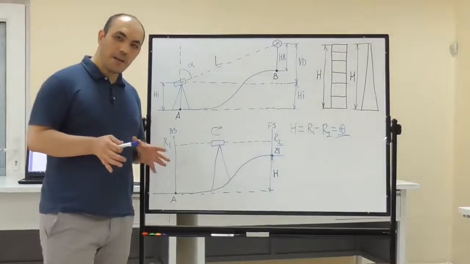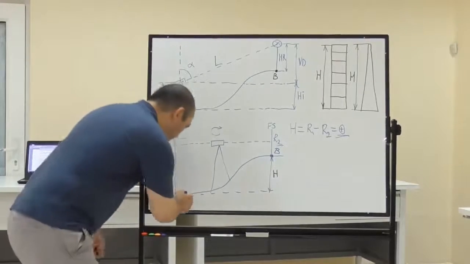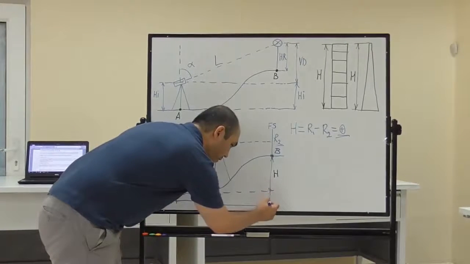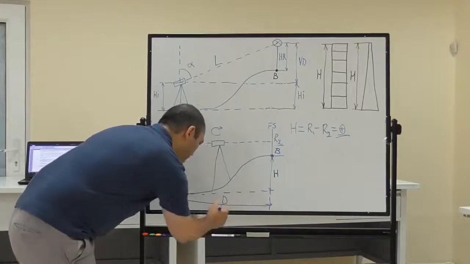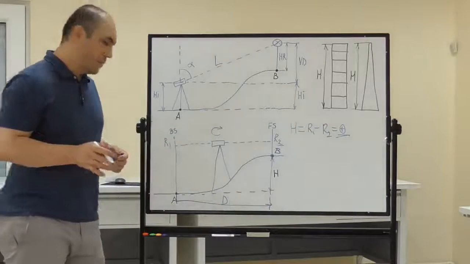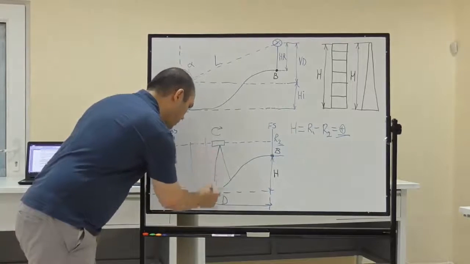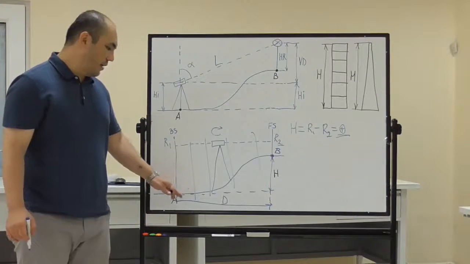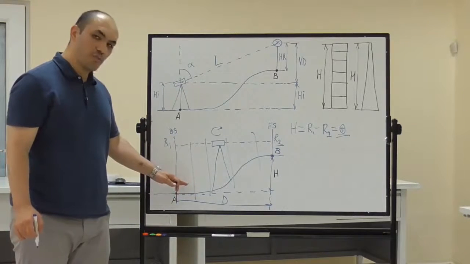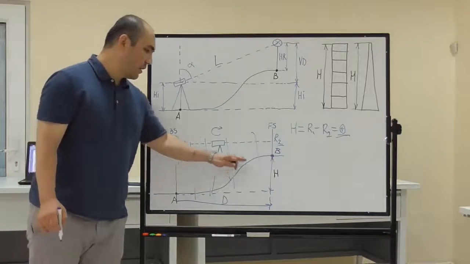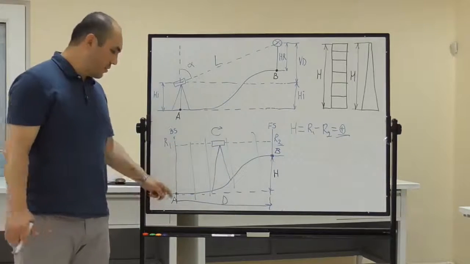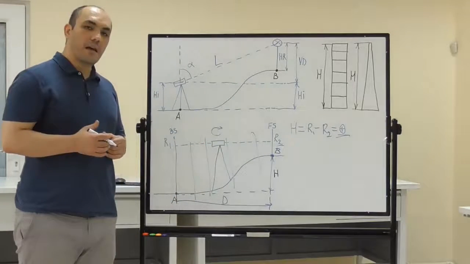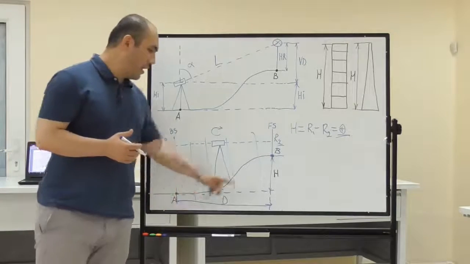In differential leveling, we divide this distance between point A and point B into approximately equal parts. Then we install the leveling instrument between these rods and calculate the relative height between all points, and finally get the relative height between A and B.